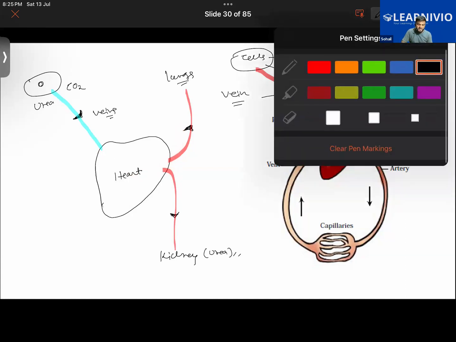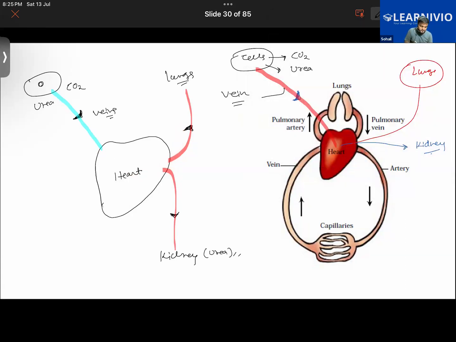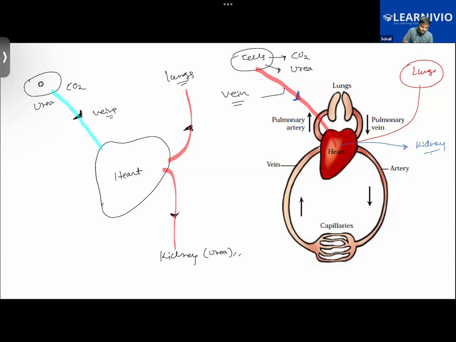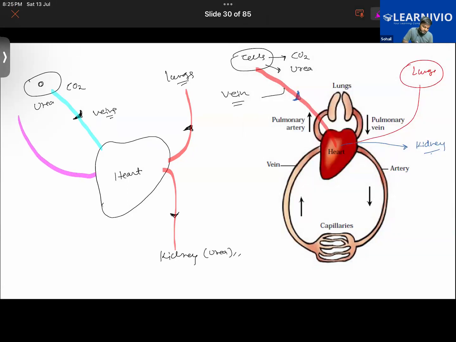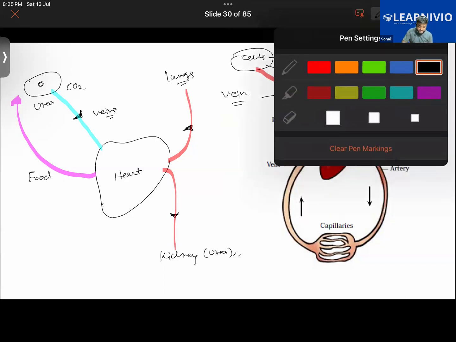But at the same time, what is happening? The food will be sent towards the cells, towards different cells.